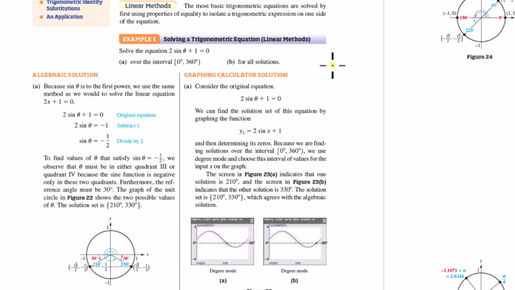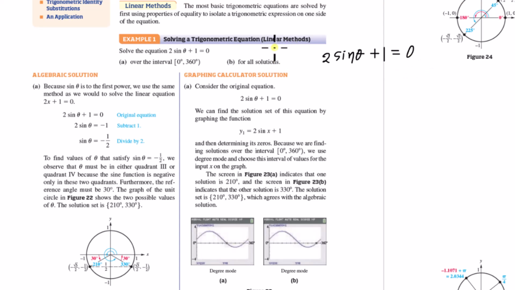So, okay, we've got 2 times sine theta plus 1 is equal to 0. What we want to do is isolate the trig function on one side and everything else on the other side. You can imagine this could get more complicated, in the sense that maybe you can't isolate just a single trig function on one side with just constants on the other side. And that's what they're referring to as linear.